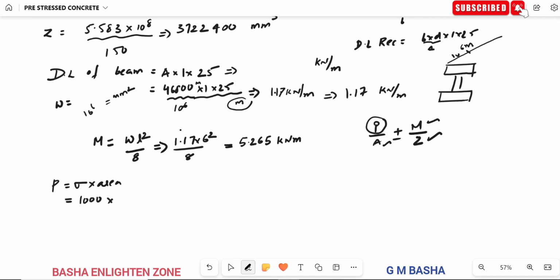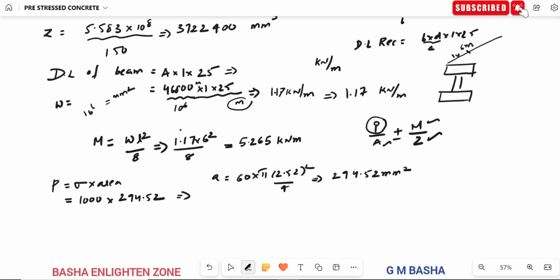A will be equal to 60 into pi d square by 4, that is 2.52 square by 4. How much will you get? 294.52 mm square. So again you can substitute the area here, 294.52. Finally this area will be in terms of mm square, and initial stress will be given in terms of Newton per mm square. Finally the force obtained here, you will get in terms of kilonewton.